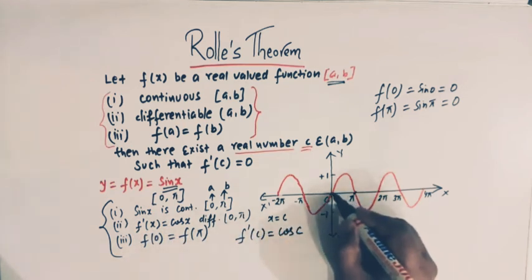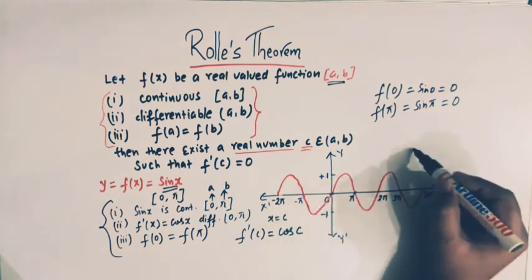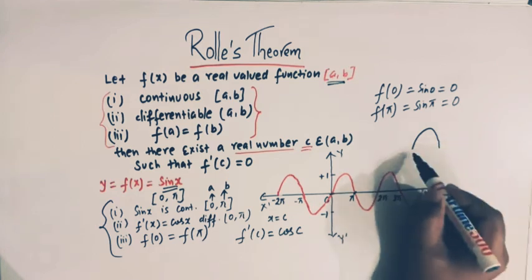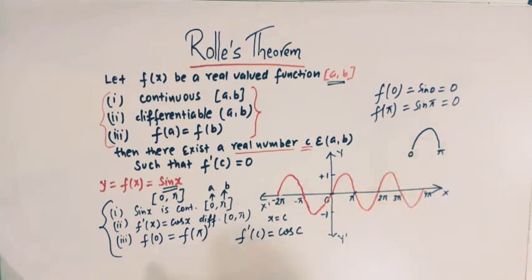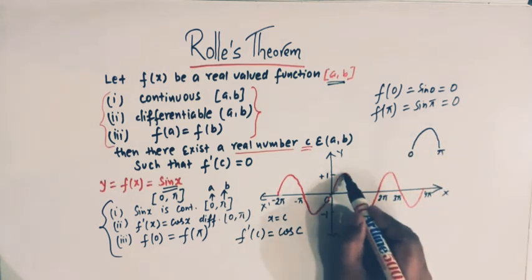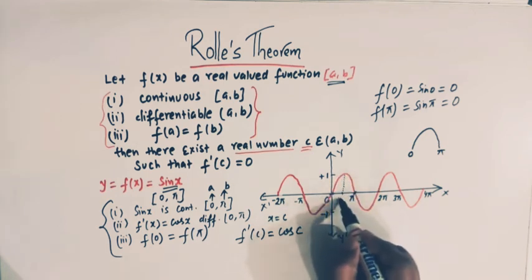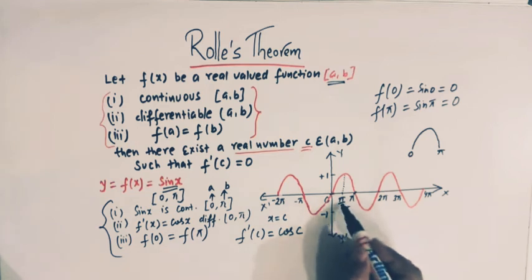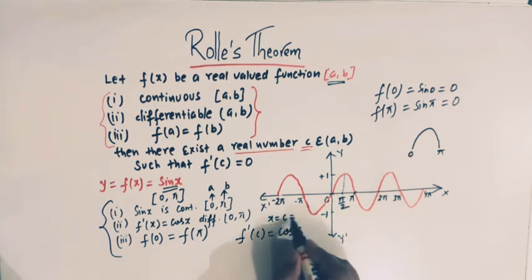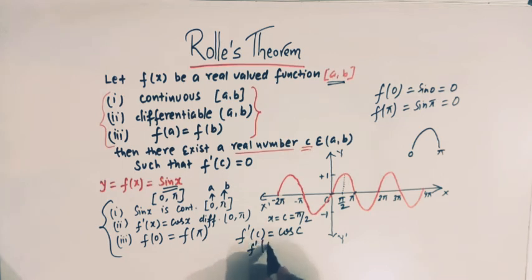Now if we look at this graph from 0 to pi, where this is 0 and this is pi, we see that at the point x = c = pi/2, we have f'(pi/2) = cos(pi/2), which is equal to 0.